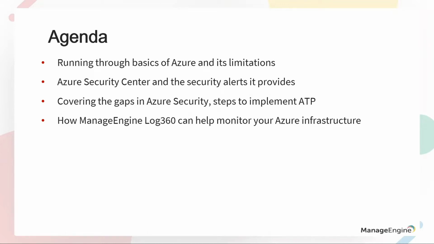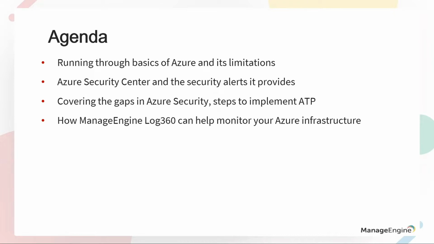Then the security alerts it provides, and covering the gaps in Azure security and the steps to implement ATP, Advanced Threat Protection. All of this is part of the paid package, not for people who are using it for free. I'm sorry to break that live right now, but if you're using the hybrid setup, how could you go about setting up Advanced Threat Protection?